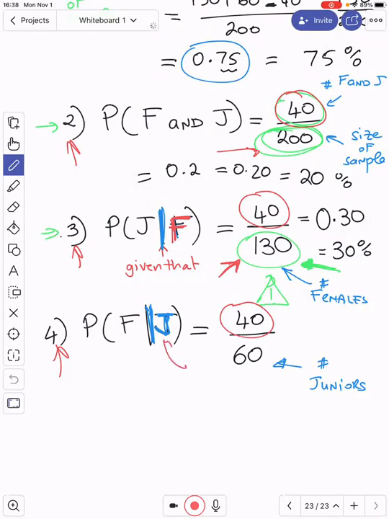And here, the information we have about the student is that he or she is a junior. So 60, that's the total number of juniors. Then 40 over 60, of course, that's 2/3, and 2/3 is 0.66. The answer, let's say, is 66%.